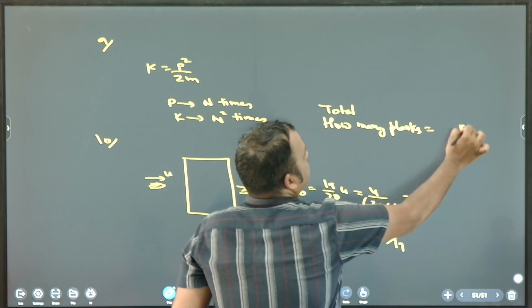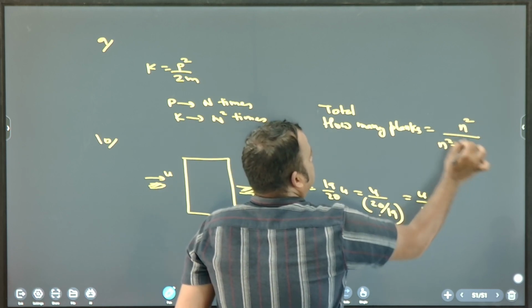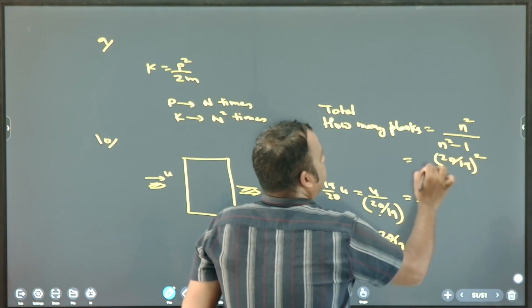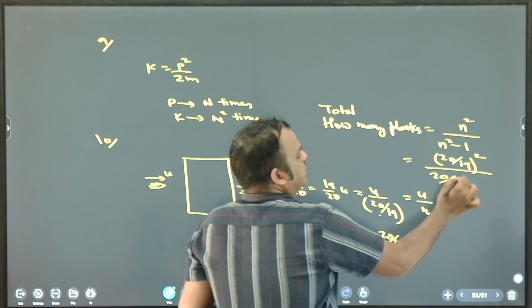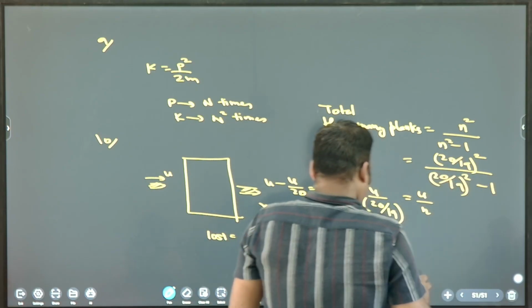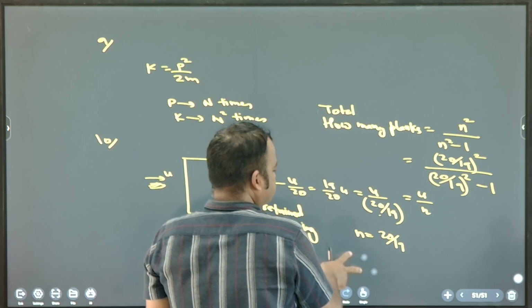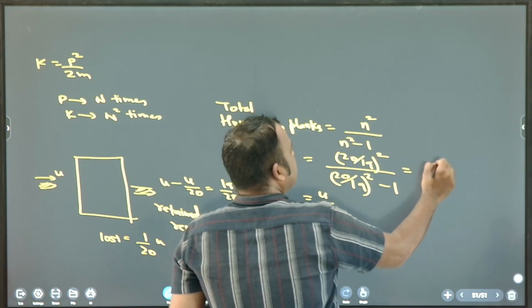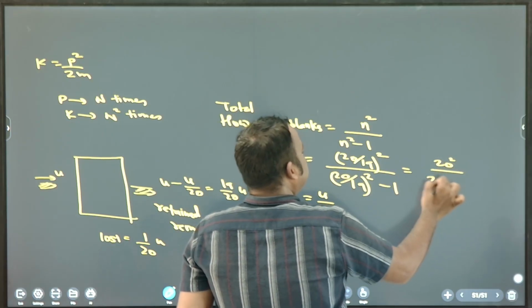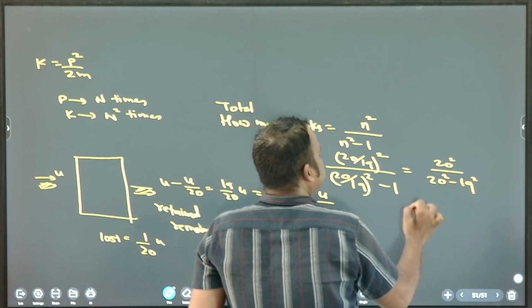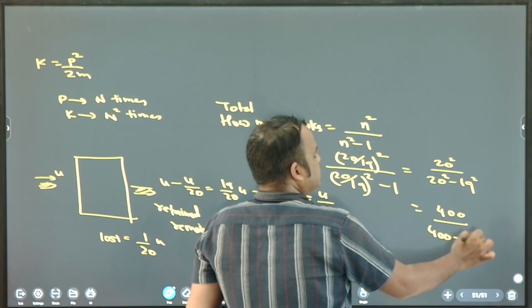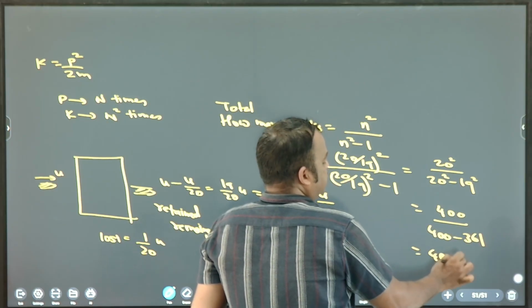What is the formula? So you solve this: (20 by 19) whole square by (20 by 19) whole square minus 1. So this is 20 square by 20 square minus 19 square, so this is 400 by 400 minus 361. So this is 400 by how much?